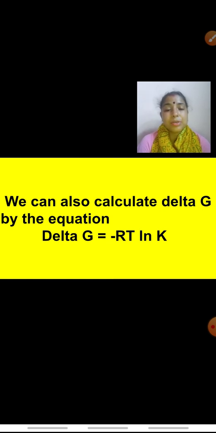K is the equilibrium constant. When equilibrium is established, that means the cell is not working, the cell is not in working condition. In that case, the value of EMF will be equal to 0.